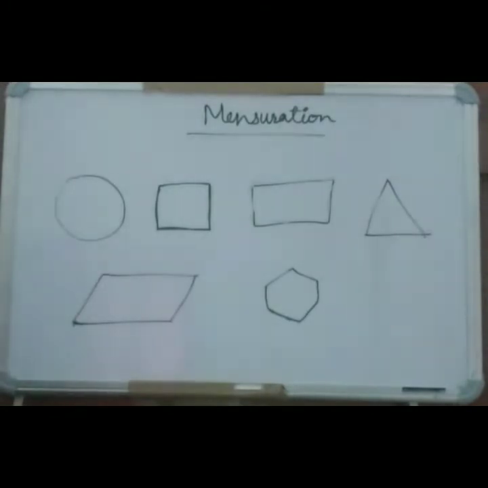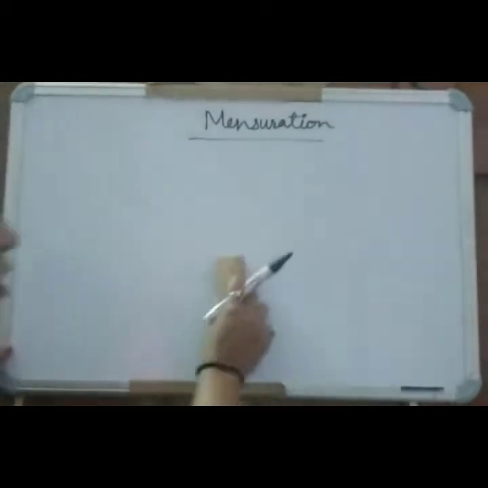The distance around this boundary is the perimeter. So what is perimeter? The perimeter is the distance covered along the boundary forming a closed figure when you go around the figure once.